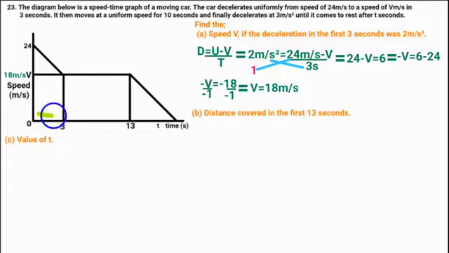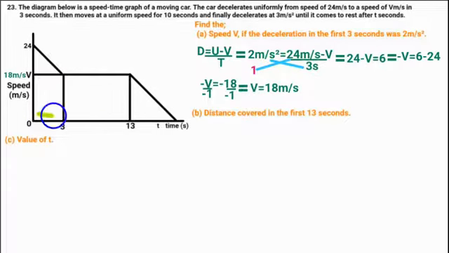So the distance is equal to the area of the triangle, which is 1 over 2 multiplied by h multiplied by b, plus the area of the rectangle, which is L times b.